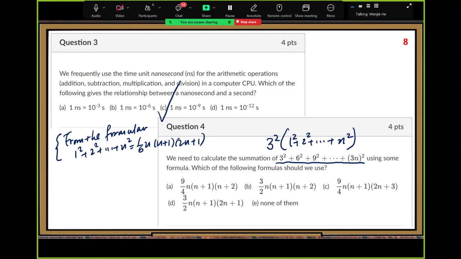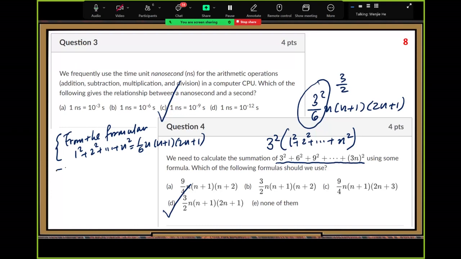Then what do you need to do? 3 square times 3 square times 1 over 6 n plus 1 to n plus 1. Simplify this, 3 half, right? So look at this one. That's the first method.